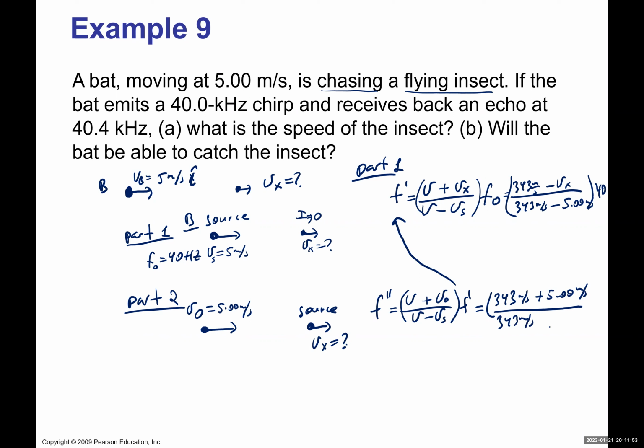And I know that in this case the source, which is the insect, is moving away, so it's going to be some negative number, so I can just put plus vx. Times f prime.